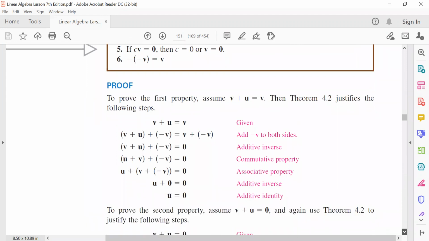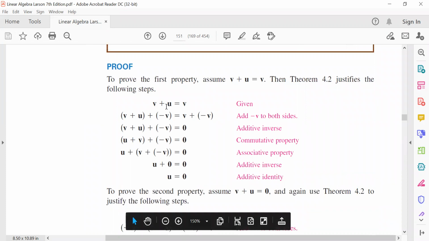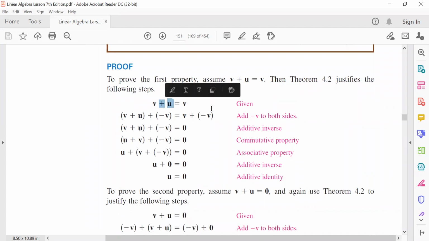So here we see if V plus U is equal to V, we want to prove that U here must be the 0 vector. So what I'm going to do is add the additive inverse to both sides. I'm allowed to do that. And then on this side it becomes the zero vector.